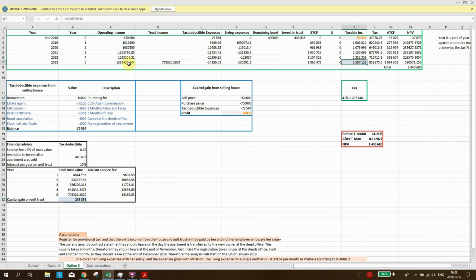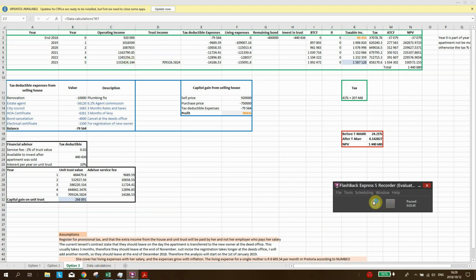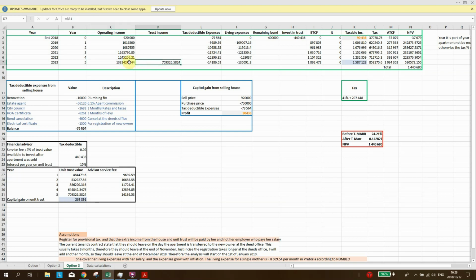It was included in the taxable income. Just note that this might be higher, but it is not in this case. In option 2, it's higher. The trust income was separated from the operating income as seen above to calculate the tax. The total trust income was not added to this formula.